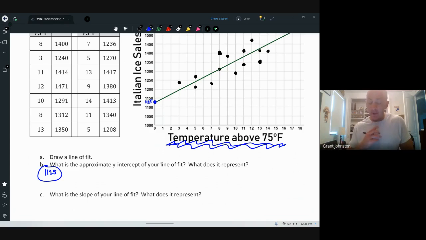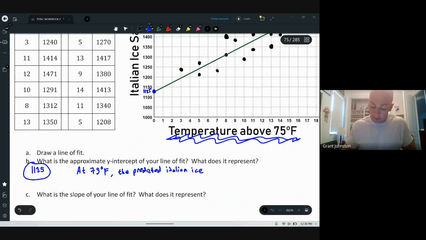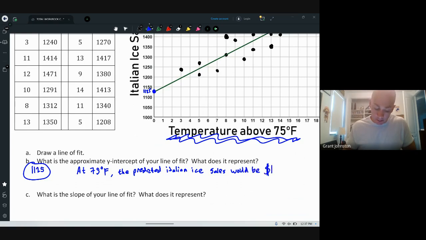So I would say, since it's 0 over 75, at 75 degrees Fahrenheit, the predicted Italian ice sales, sorry for my handwriting, would be $1,125. Yeah, that's what it would represent.